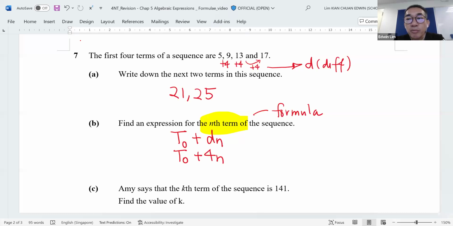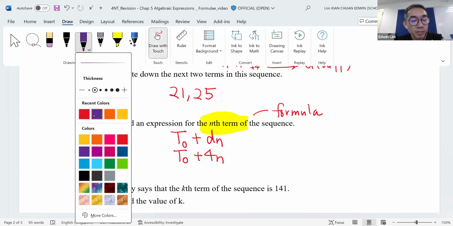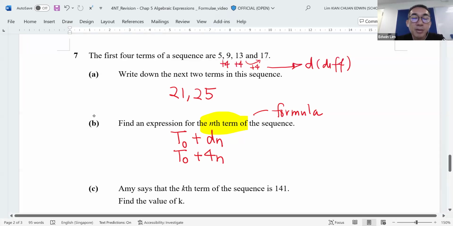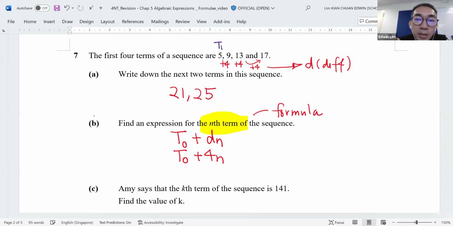Now we are supposed to find term 0 or T0. Okay, listen carefully. The number pattern starts off with term number 1. So 5 is term number 1, 9 is term number 2, and so on. So where is T0? T0 will be in front of 5.